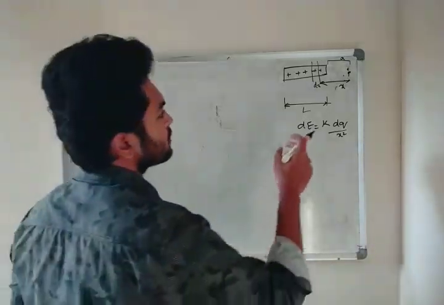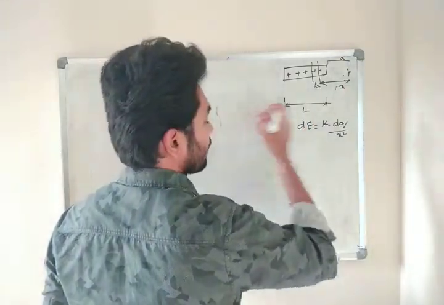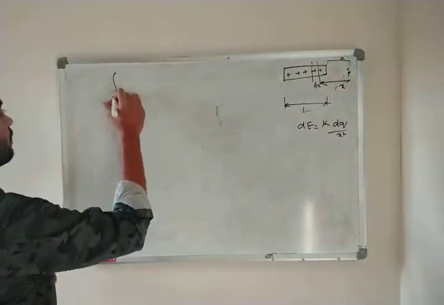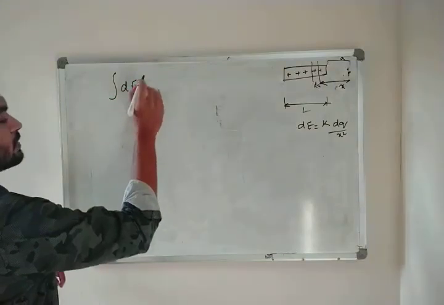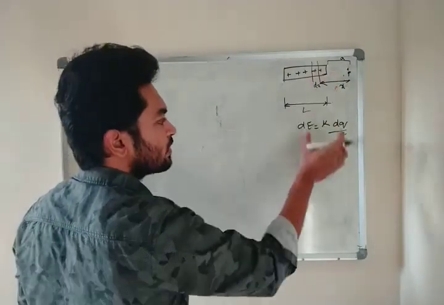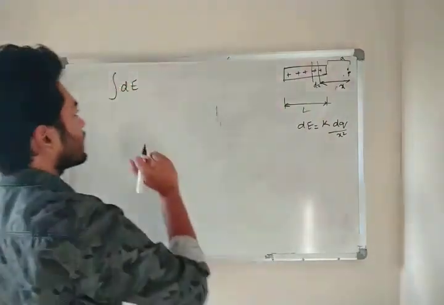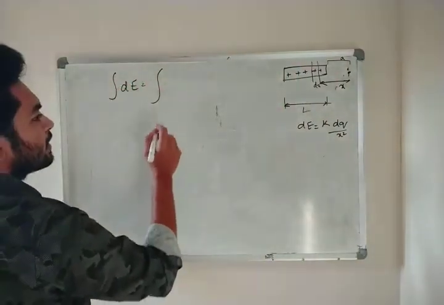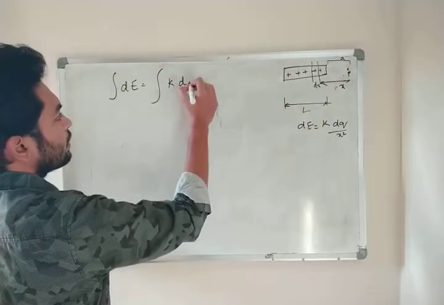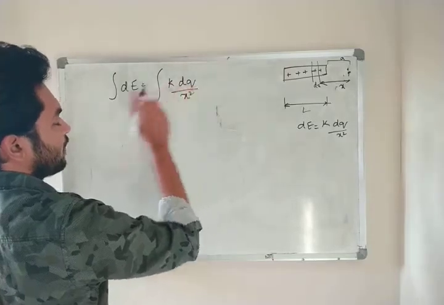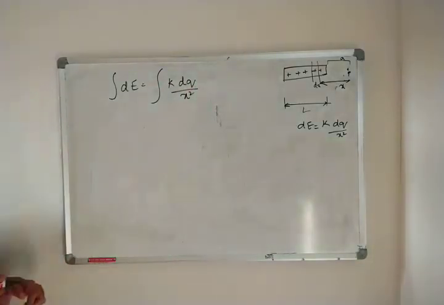Now integral dE means this is only for this element. Now I want the total electric field equal to integral k dq by x square.